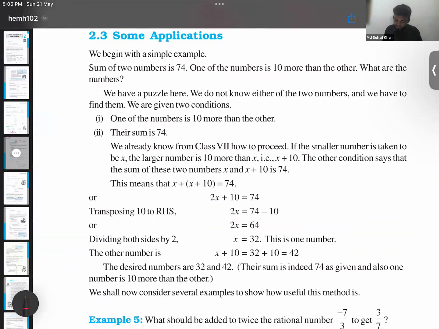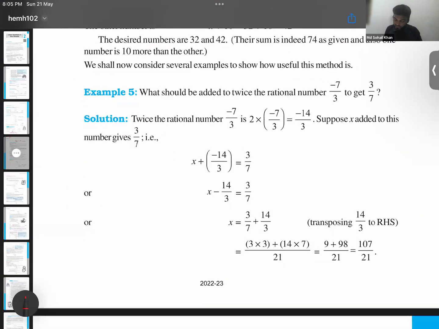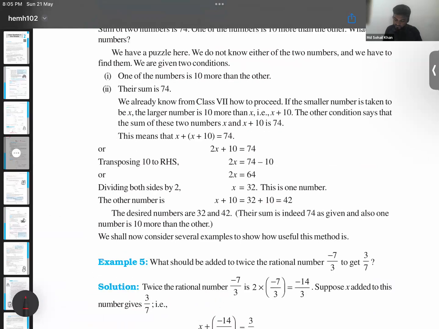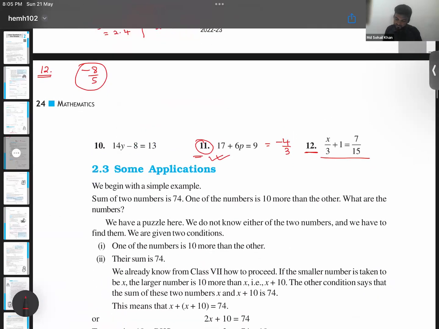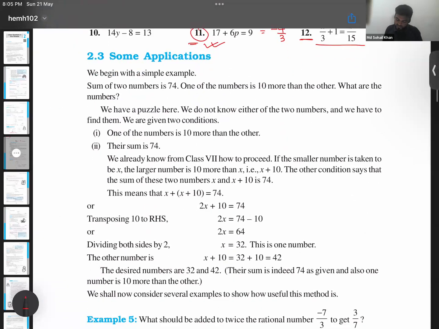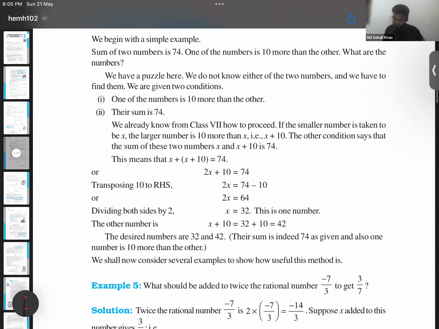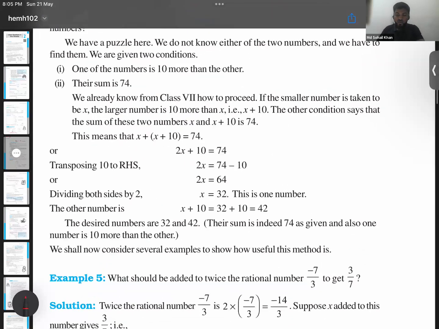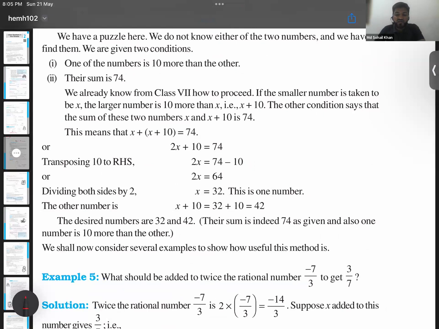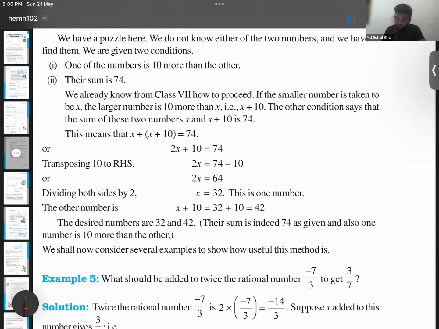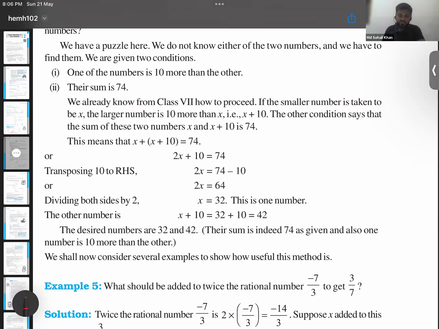Now see questions like this. See example number 5 here, which says: what should be added to twice the rational number minus 7 upon 3 to get 3 upon 7? So how do we solve those questions? Simply we will take a variable here.